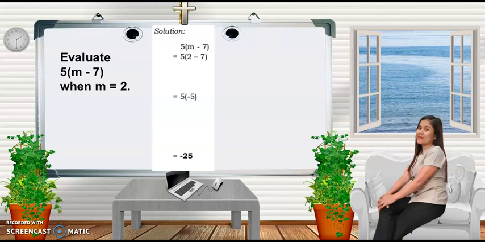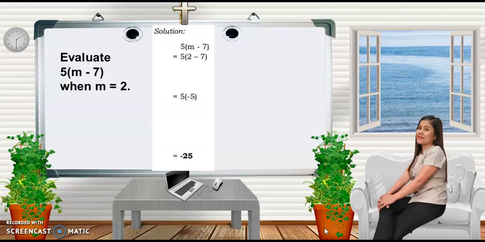Notice the answer in example 2 is 3, and here in example 3 it's negative 25. So 5m minus 7 and 5 times m minus 7 may look the same, but because of the grouping symbol, they are actually different when you evaluate it.